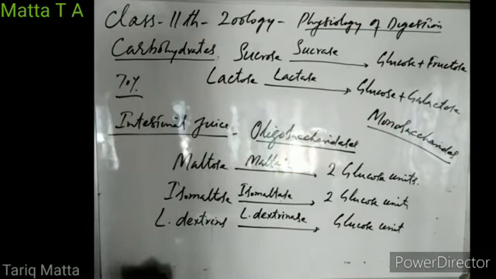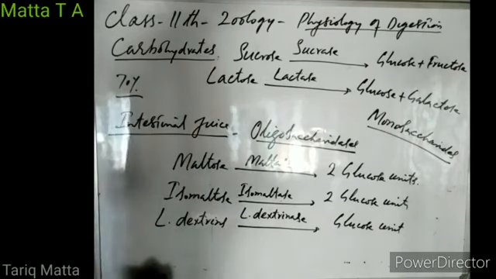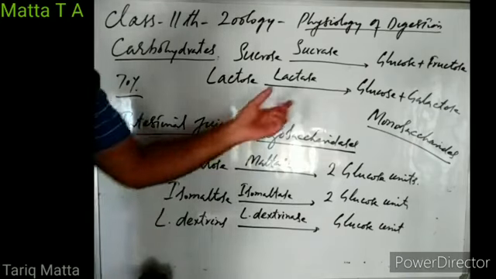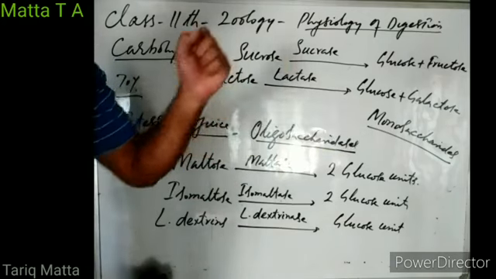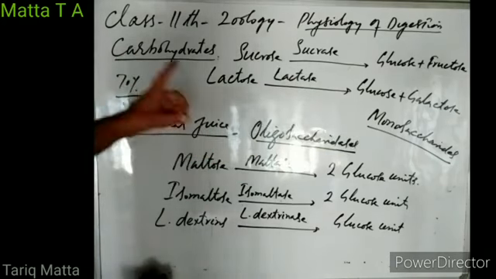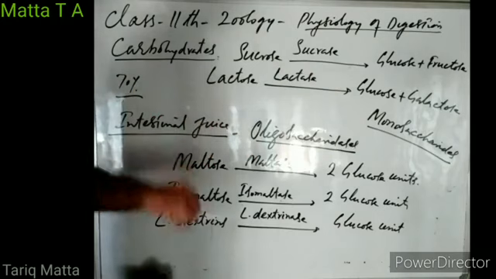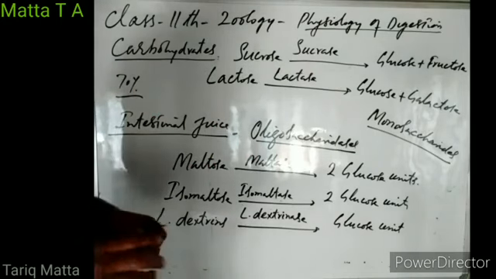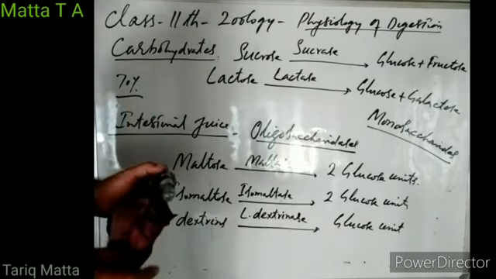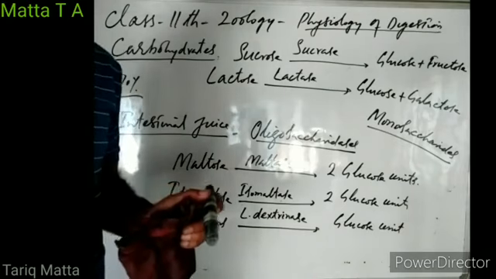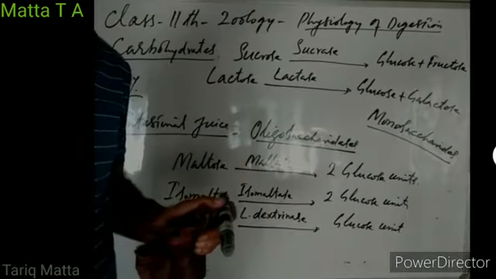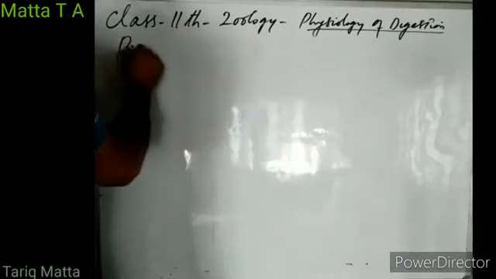So in this way, all the dietary carbohydrates which we had consumed are finally converted into monosaccharides, right? So that is all about the digestion of carbohydrates in our body. Now, after this, we will discuss digestion of proteins.